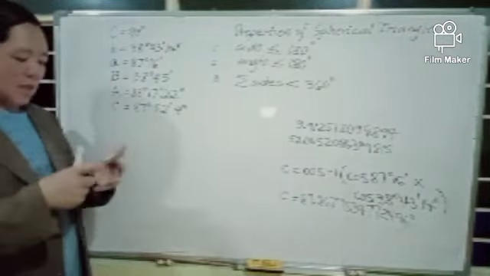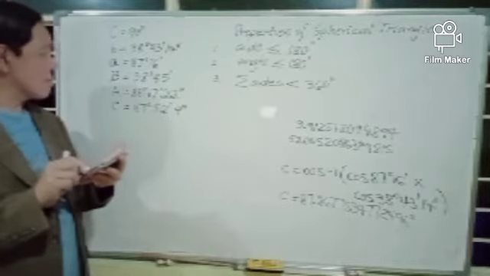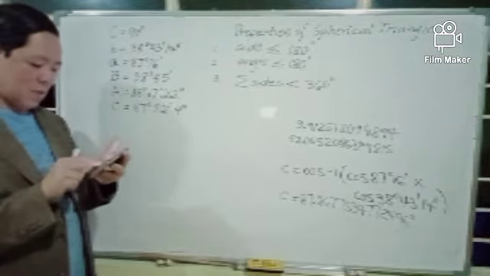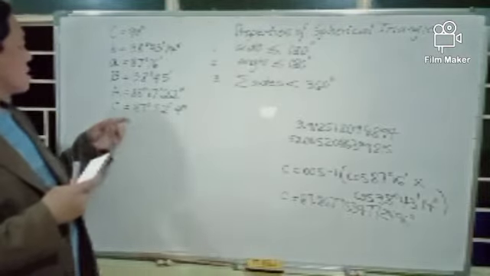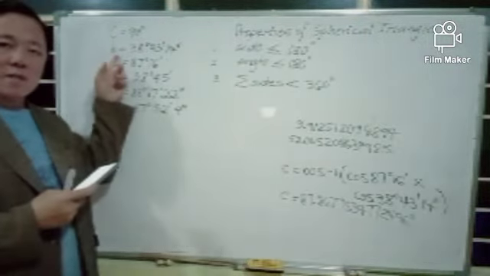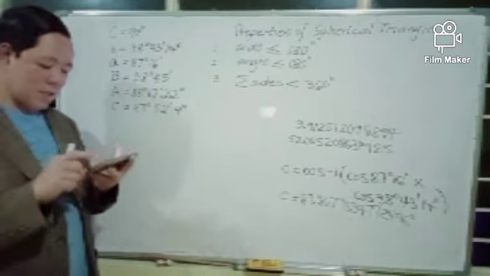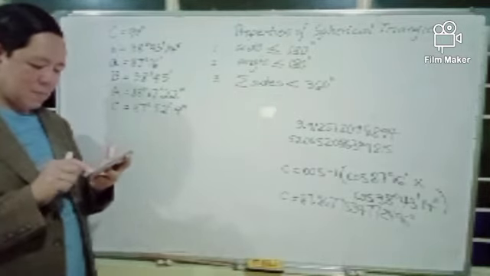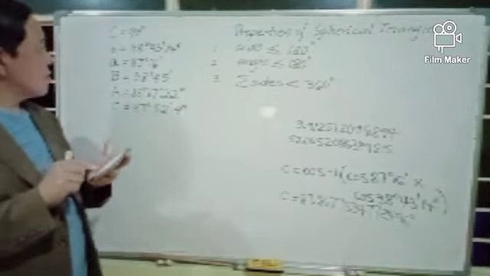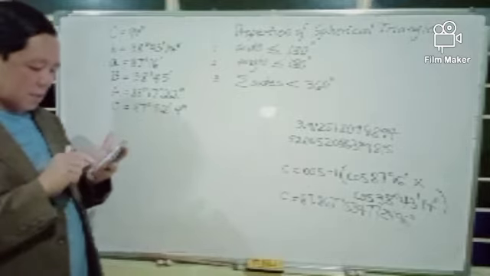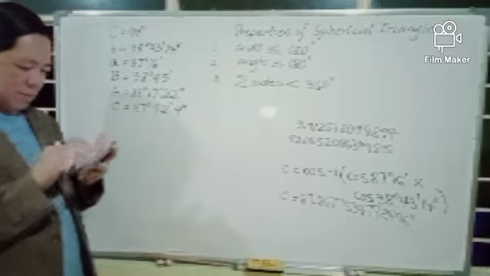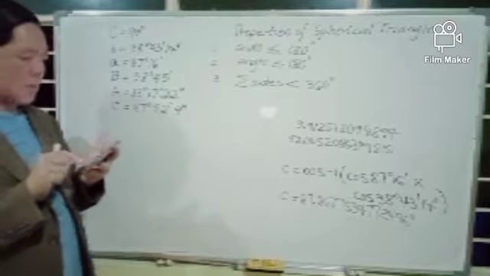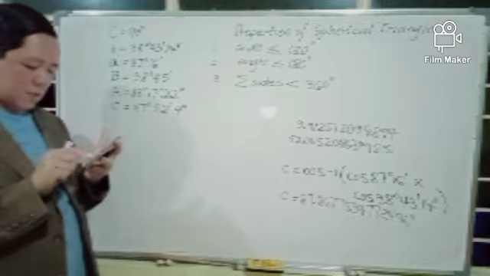Small a is 87 degrees 16 minutes, plus the side small b is 38 degrees 43 minutes 14 seconds.